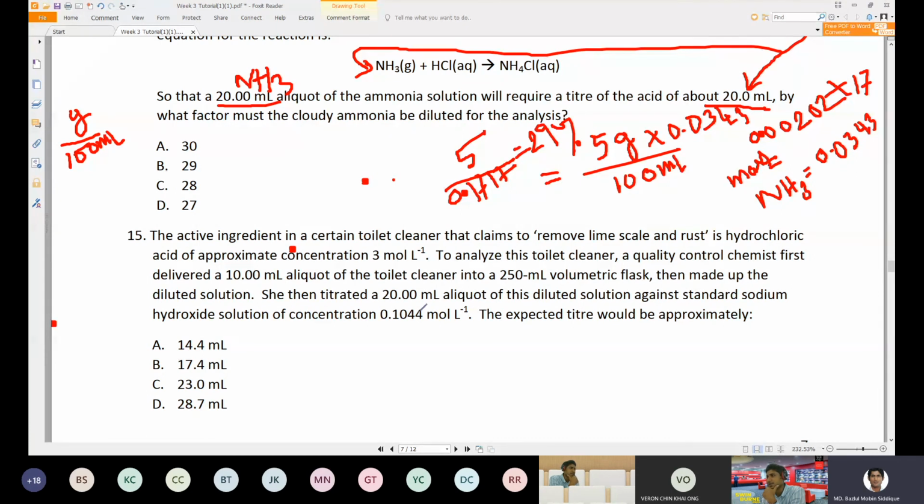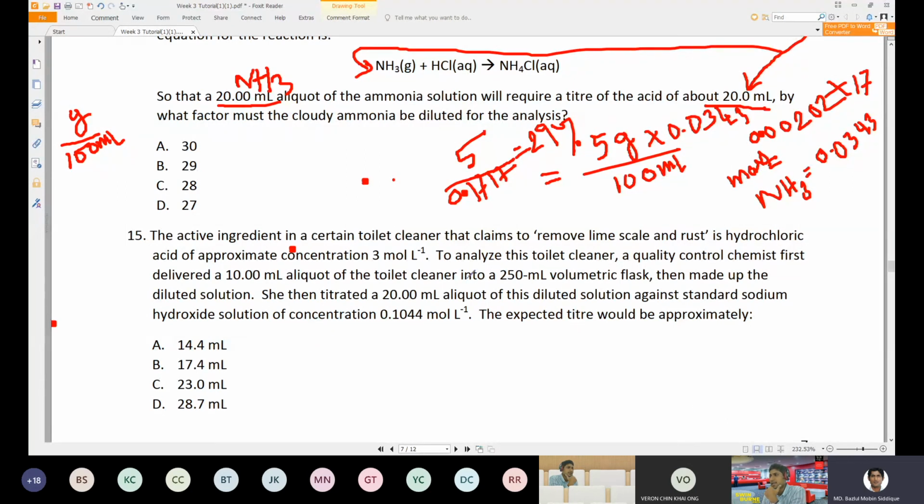Then she titrated 20 milliliter aliquot of this diluted solution against standard sodium hydroxide solution of concentration 0.1044 mole per liter. The expected titer would be approximately how many? What is the volume of the titer needed to neutralize this solution?